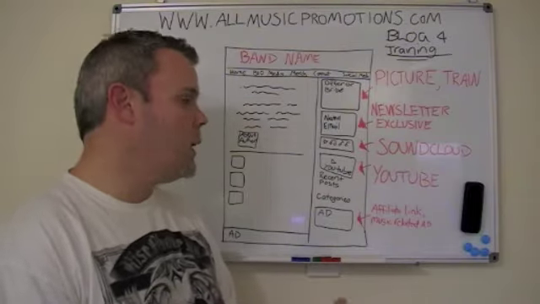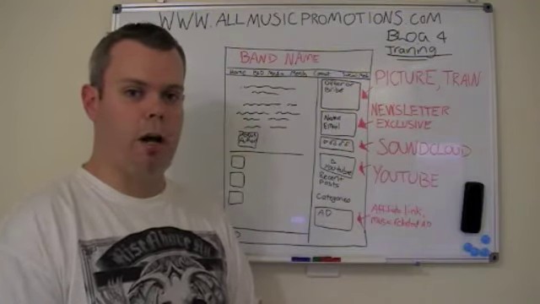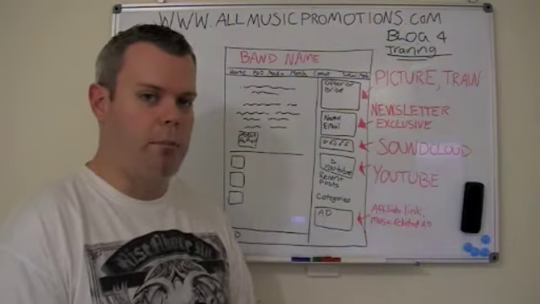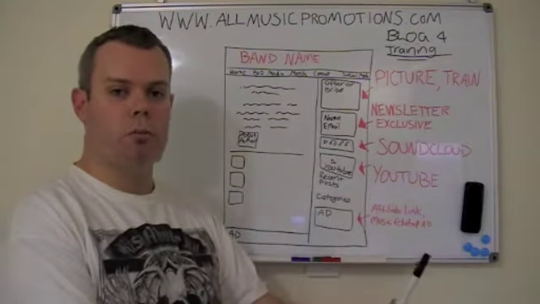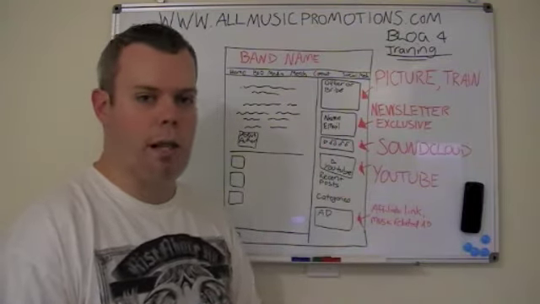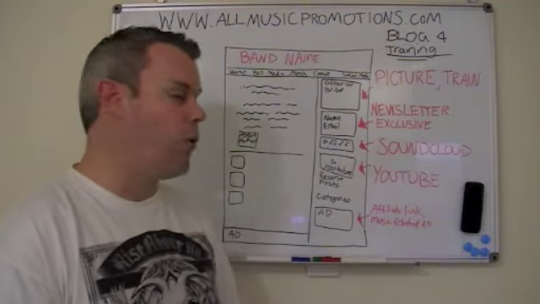And that's ultimately what you want to do: capture at least their email as a bare minimum, but even a name as well. And that will lead to you being able to contact them whenever you want, and let them know about upcoming gigs or launching of songs and albums and so forth.